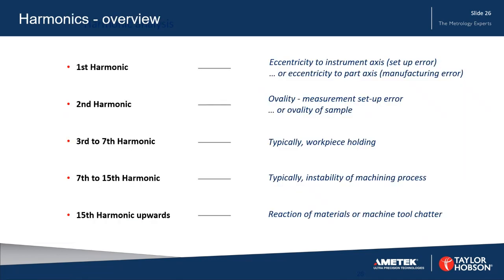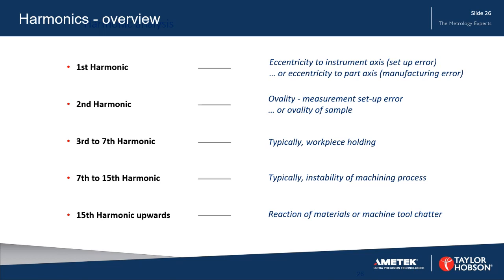So as just a quick summary here, the first harmonic can be eccentricity to the instrument axis. It helps us to set up the component, or it could be on a sample, it could be the eccentricity of one section of a shaft to another datum axis. The second harmonic is ovality, and that can be measurement setup error if something is tilted, not aligned properly, or it could be a truly oval sample, or it could be something that's been machined out of square and therefore is oval.